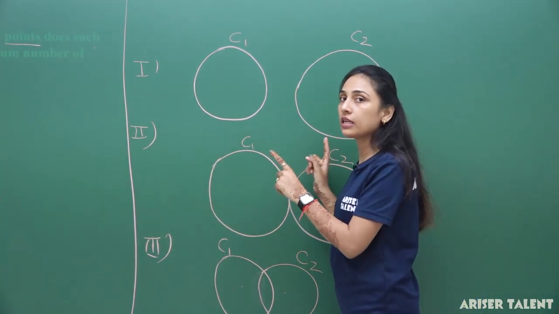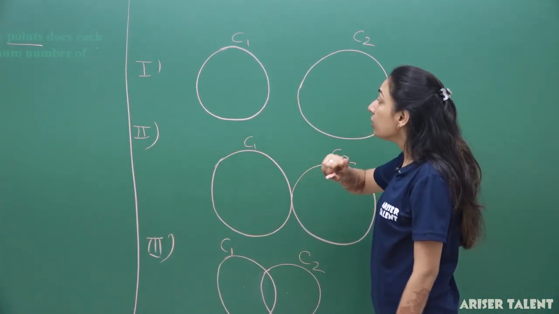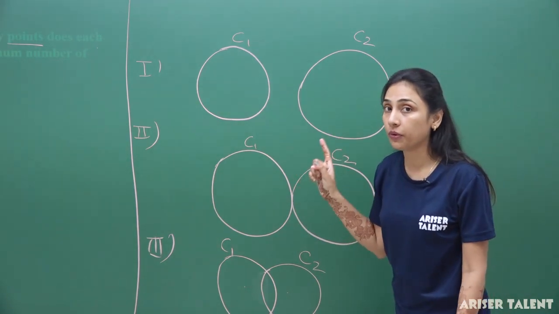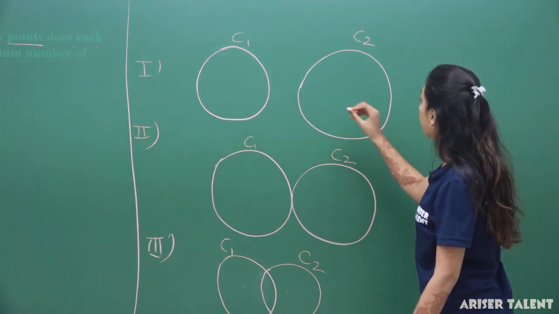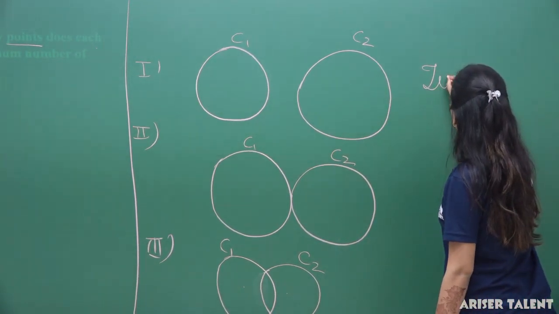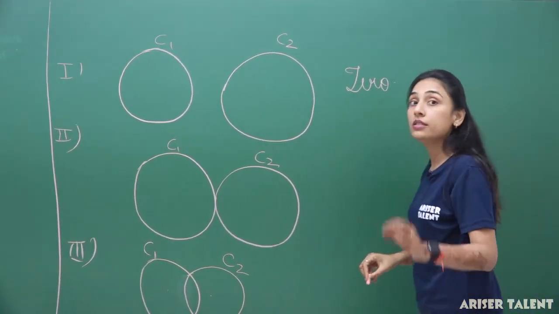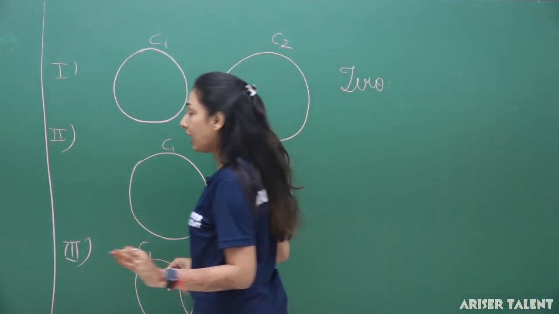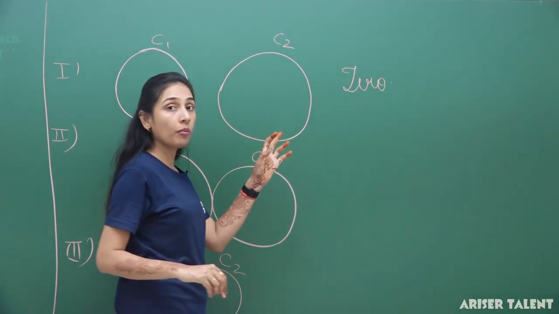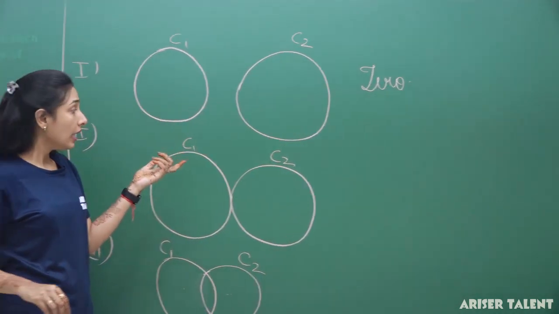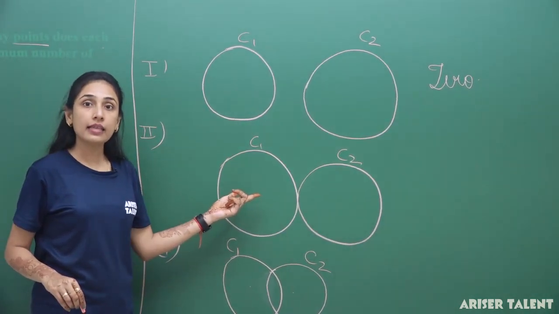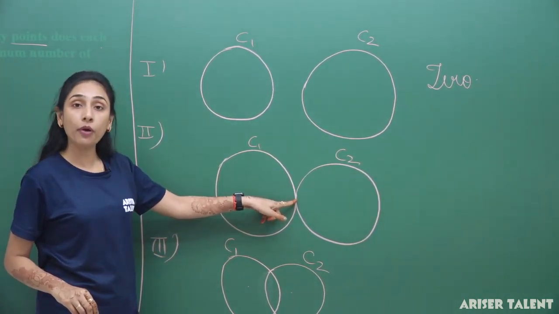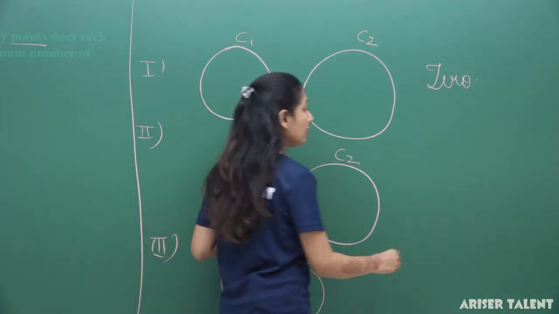In these two circles, students, you have no common point. That means zero common points in the first case. In the second case, you will have only one point of contact, so you will write 1.